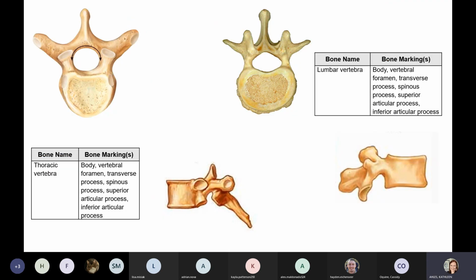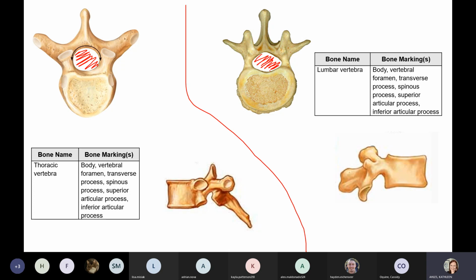Notice that all of my other vertebrae have these as well. So this is a thoracic vertebra. There's my vertebral foramen. Here is my lumbar vertebra with another vertebral foramen. So that vertebral foramen is the hole for the spinal cord.